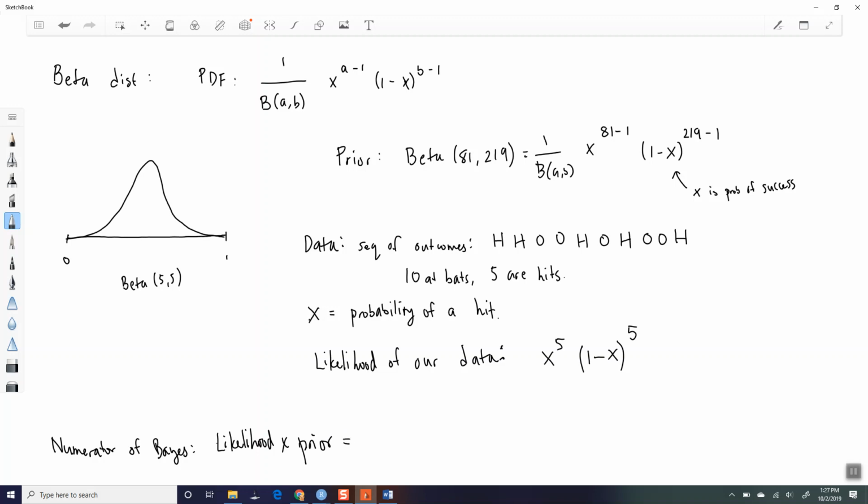The likelihood here is x to the 5th times 1 minus x to the 5th, and the prior is just some constant times x to the 81 minus 1, and 1 minus x to the 219 minus 1.